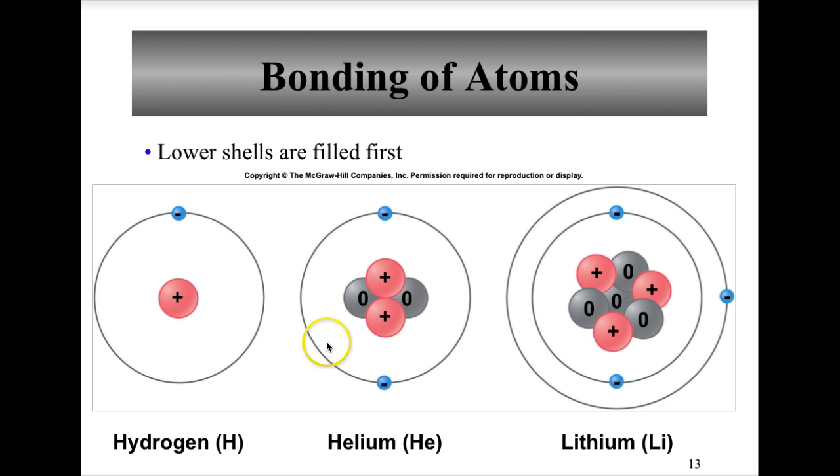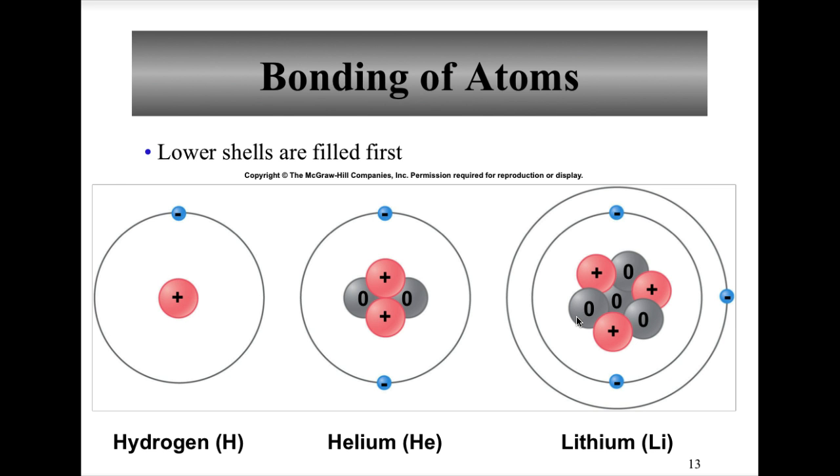So you can see here, we have 1 electron in its outermost shell. Here we have 2 electrons in that outermost shell. And then here we have 2 electrons in the first shell, but it has a total of 3 electrons altogether in the lithium atom, so we have to put that last electron in the second shell.